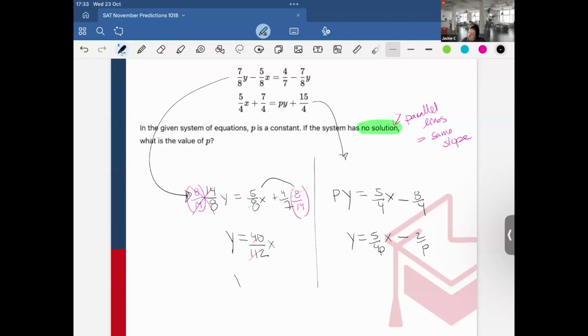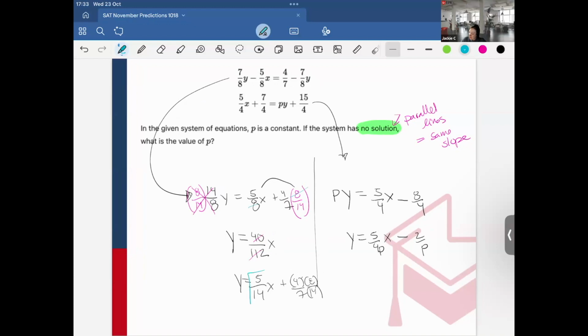This is just y is equal to 5/14 x, plus 4/7 times 8 times 14. Okay, so then slopes, now I just take the two slopes, 5/14 is equal to 5/4 p.